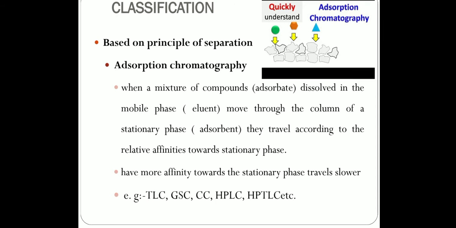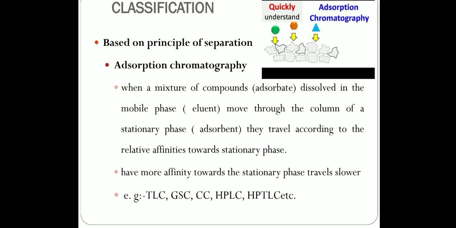So when a mixture of compounds dissolved in the mobile phase moves through the column of a stationary phase, they travel according to their relative affinities towards the stationary phase. So here the important point is relative affinity. Adsorption means based upon the affinity.